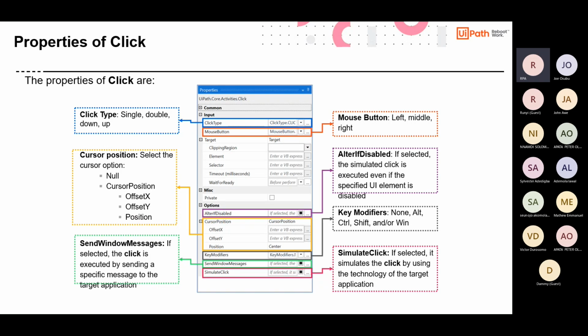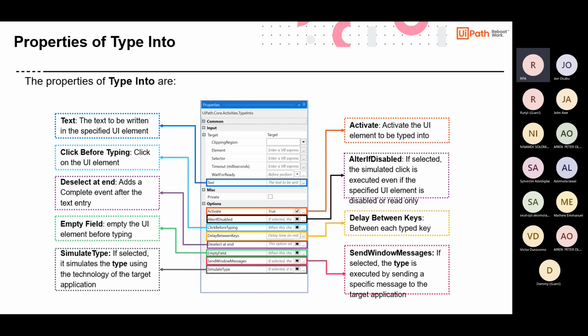So that is a little we can say around the default, the send window messages, and the simulate click. Let's go through, we still have more. It's a very brief slide, but it's key. Properties of typing too.